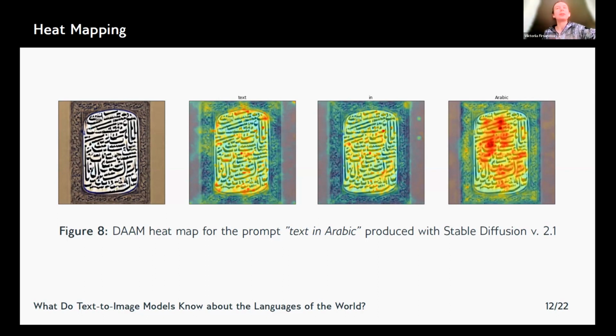It is not quite precise here, but I find it important that it didn't highlight the frame as Arabic, for example, meaning that, in my opinion, this somehow shows that the model understands that the script is more important for the generation than the word text. So for the model, it is more important to generate something that reminds us of Arabic culture or Arabic script than to generate some kind of a text.